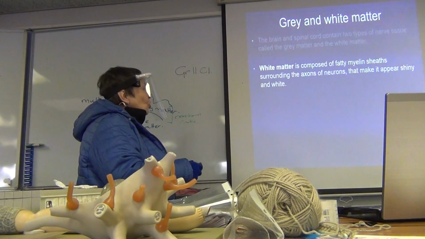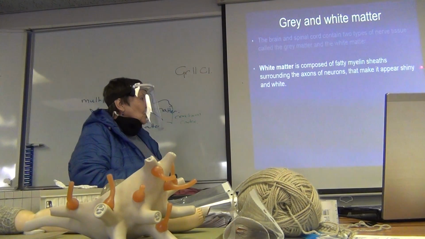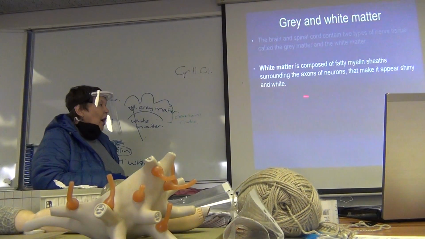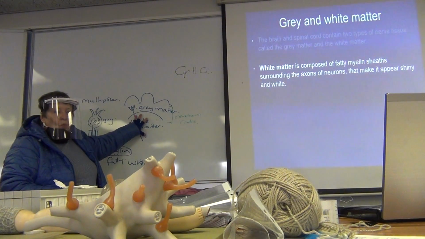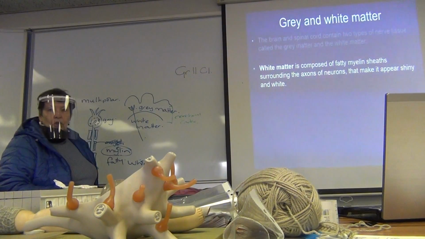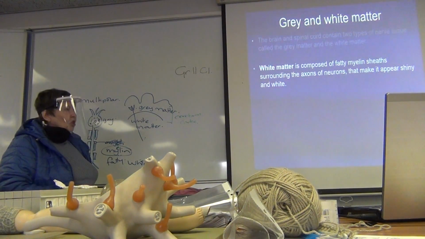Okay, right. So white matter is composed of fatty myelin sheaths surrounding the axons and neurons, and that makes it appear white and shiny. So this inside part of the brain is white and shiny. And I showed you the corpus callosum yesterday. Very white, very hard, very shiny.